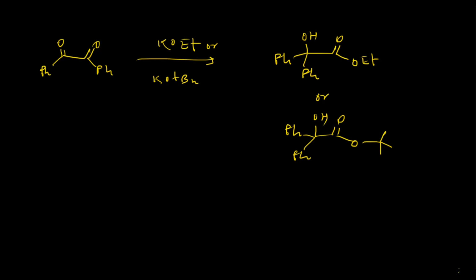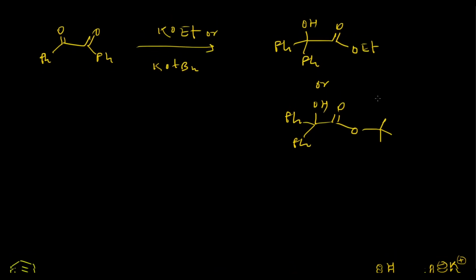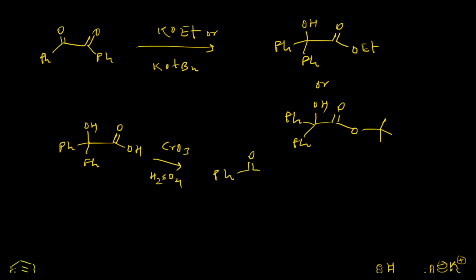So once we get this benzylic acid, we can transform it into different compounds like this. So this is our benzylic acid. If we perform an oxidation reaction by using chromic acid, chromium trioxide in presence of concentrated sulfuric acid, then we will get benzophenone as the product.